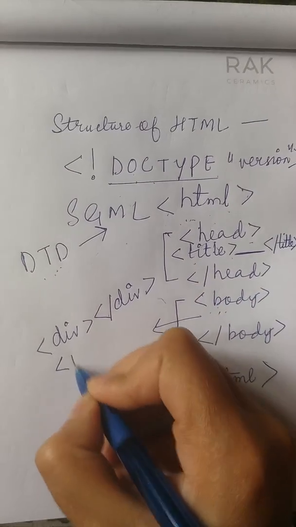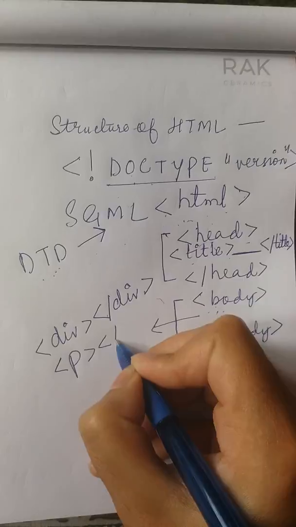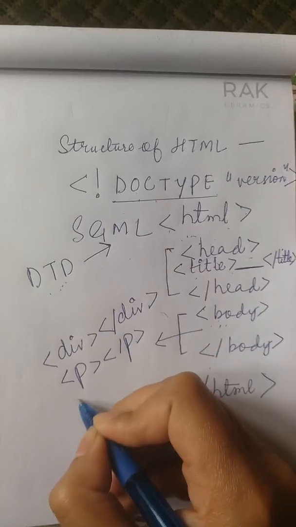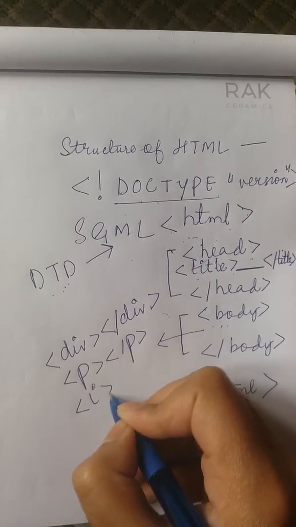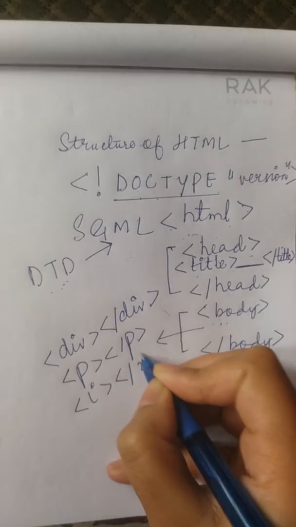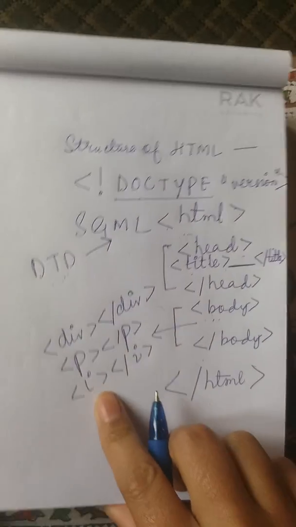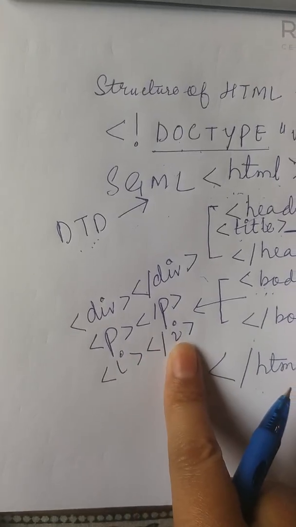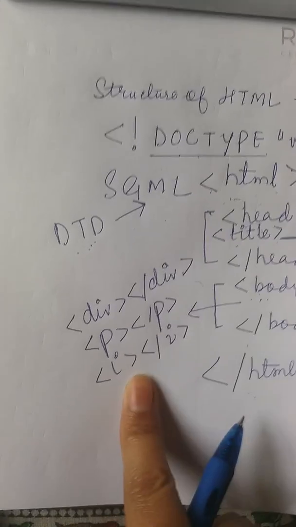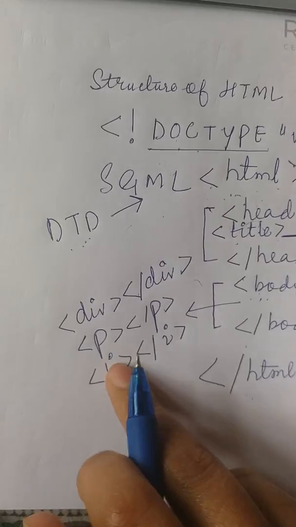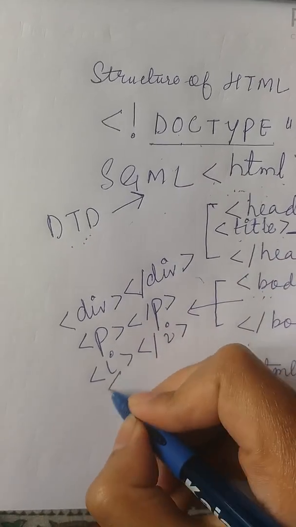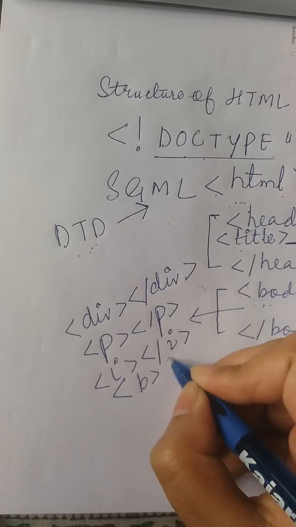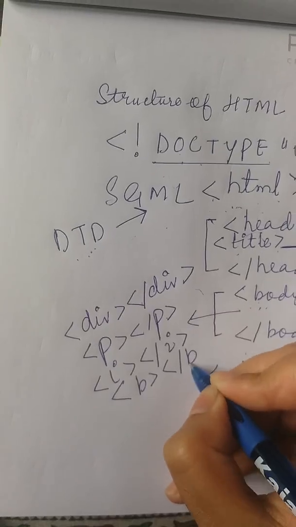Or we may define this, which stands for paragraph, this stands for a formatting tag, and this stands for italic. The text within these two tags will be displayed in italic form. This stands for making our text bold.